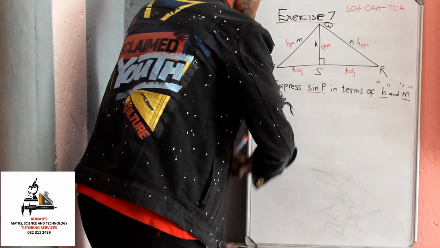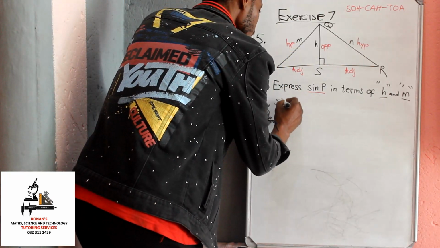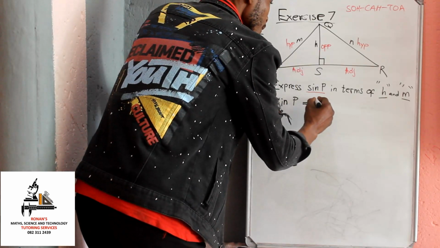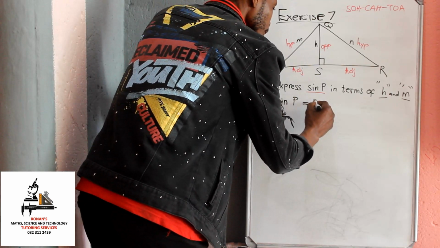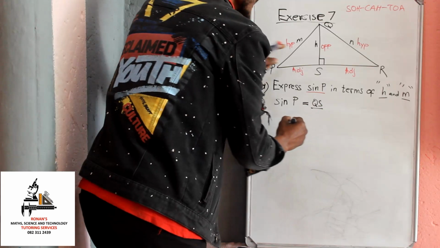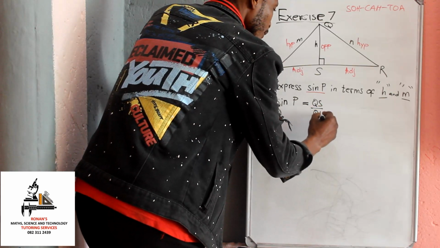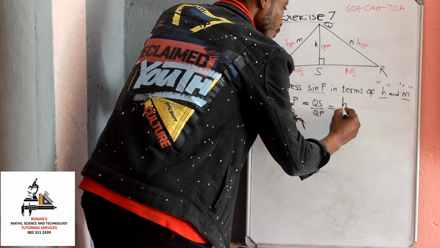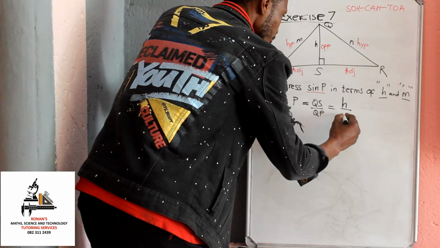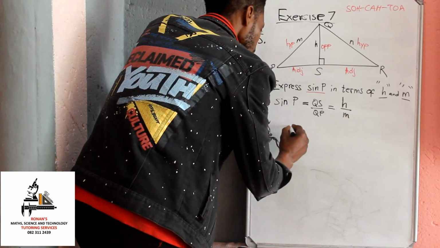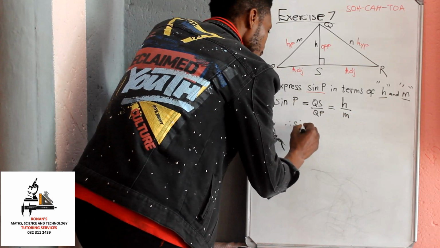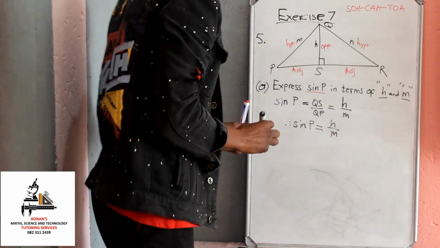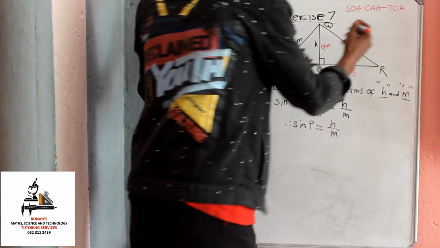Therefore, the answer to this will be sin P is equal to opposite, which is my QS, over QP, which is actually H over M. So therefore sin P is equal to H over M. I'm going to write that here.